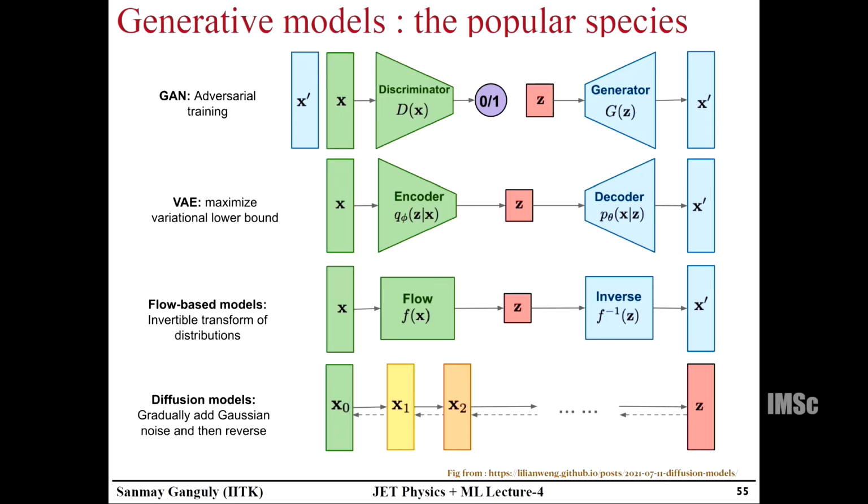Now when I denoise, maybe I remove some noise, but I may also remove some original stuff. If I just removed the noise and not the original stuff, then I would have landed back on the same picture. The fact that while denoising I am also adding stochasticity makes me land, on the reverse path, at a new point in the data manifold.